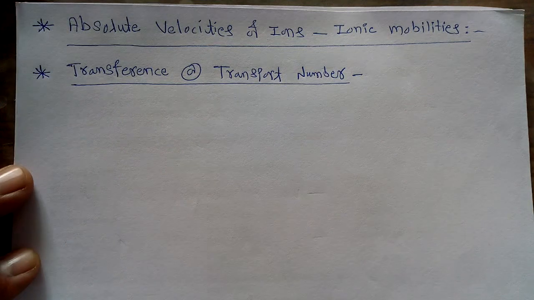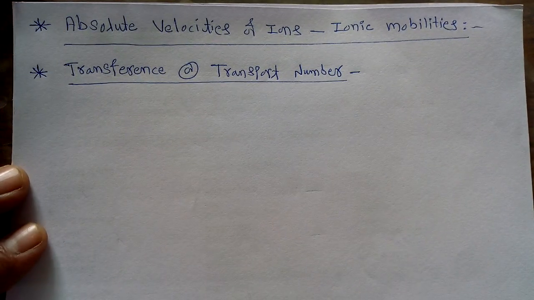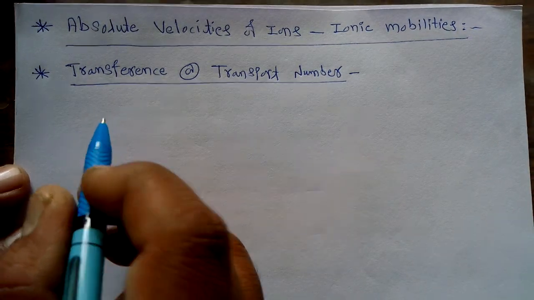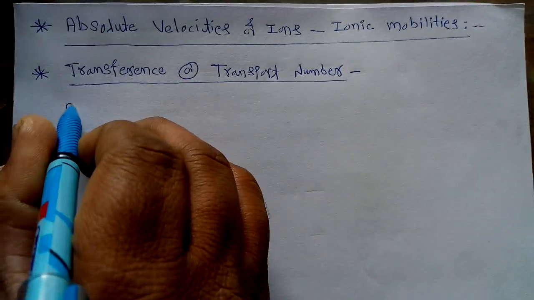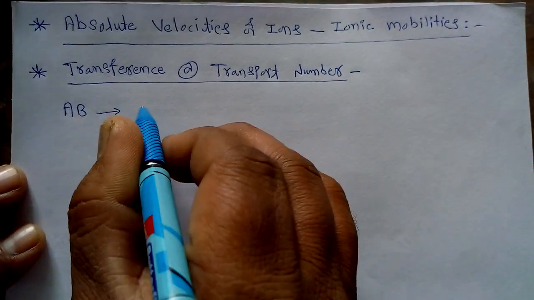We know very well that in this chapter we are discussing the conductance phenomena of an electrolyte. Suppose we consider an electrolytic solution, where AB is an electrolyte.